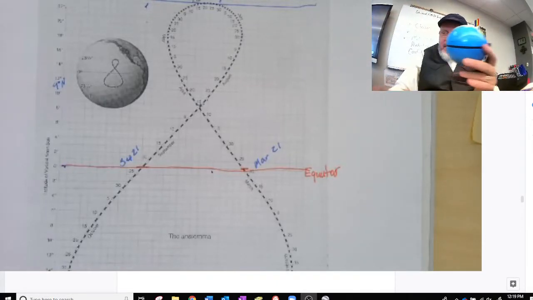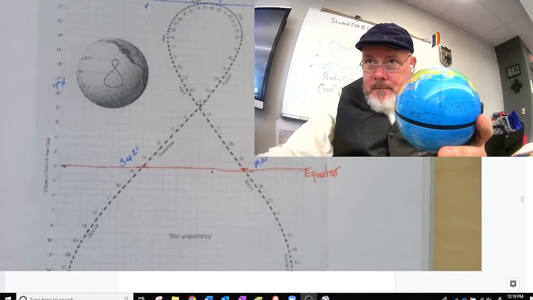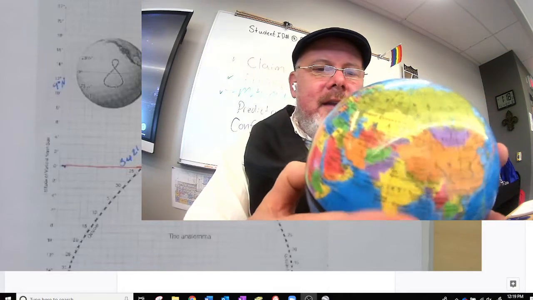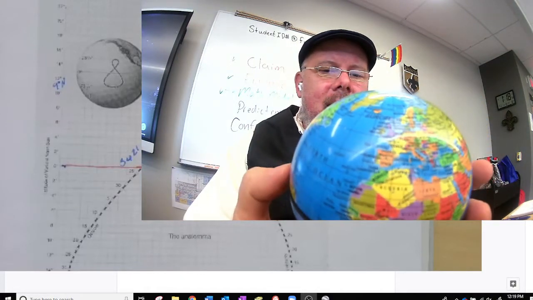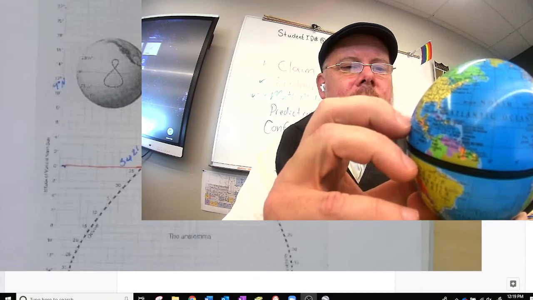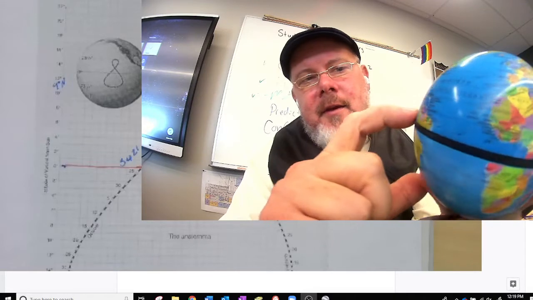Well, if I take a look at my globe here again, I can look and see the latitudes on here, and I can see now it only starts off at 10 degrees latitude, so 9 degrees can be right there.